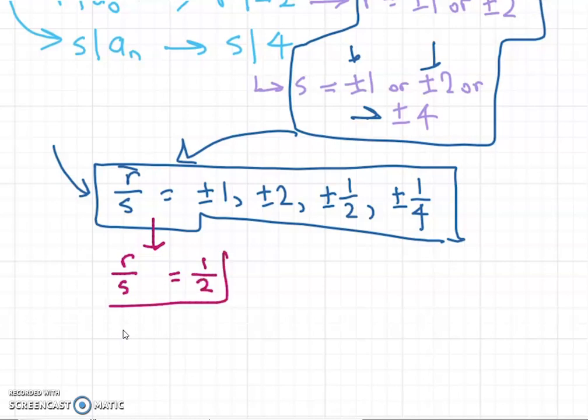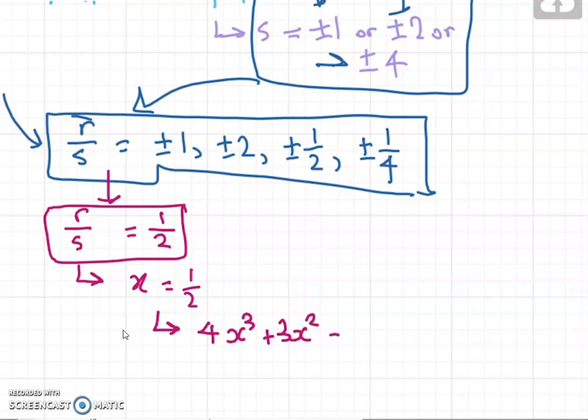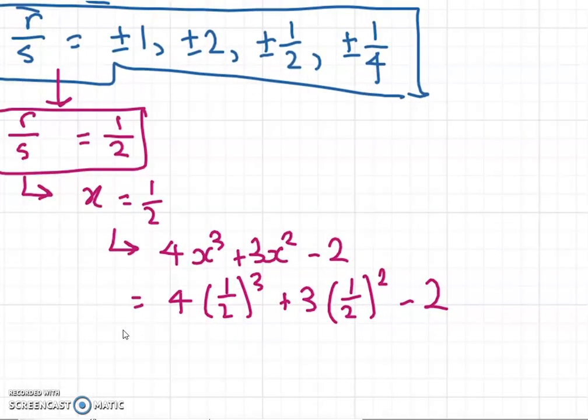The reason for this is if we substitute x equal to half into the polynomial, we have 4x cubed plus 3x minus 2 is equal to 4 times half cubed plus 3 times half minus 2, and this is equal to half plus 3 over 2 minus 2.